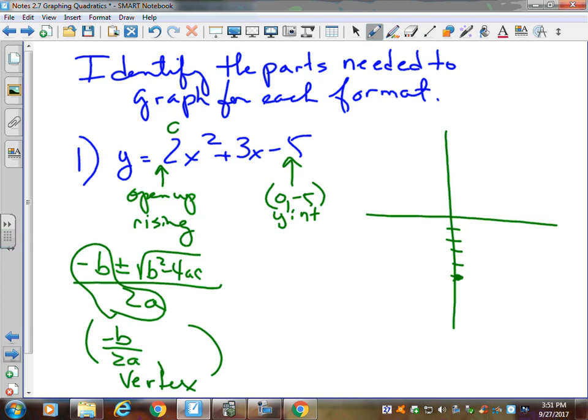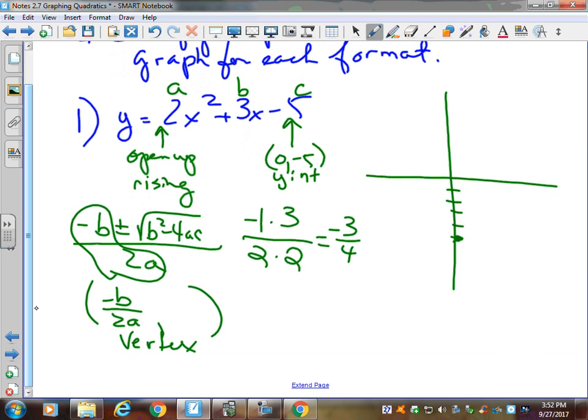So this is a, this is b, and this is c from my standard form equation. So if I do -1 times 3 for b, 2 times a would be 2 times 2. It comes out -3/4. Now, it would have been nice if that had come out a whole number because the math would have been tremendously easy with the whole number.